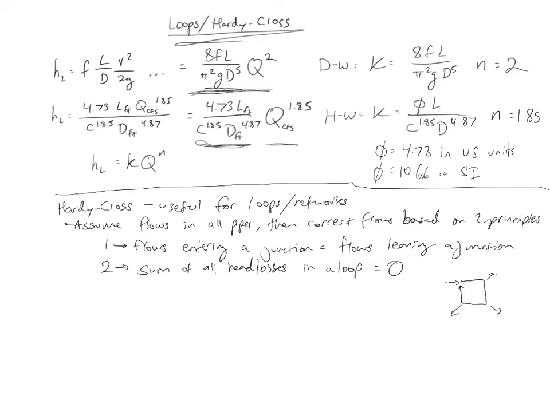If I take any point on here, say this starting point up here, and I take the head loss through this pipe, the head loss through this pipe, the head loss through this pipe, and the head loss through this pipe, I should get back down to a 0 head loss. Okay. How do I do that? Well, let's say I had a head loss here of 2, here 1, here 3.